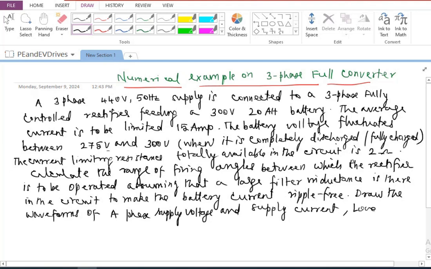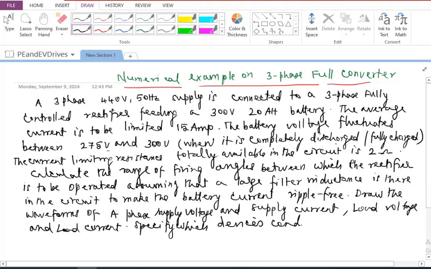Load voltage and load current. Specify which devices conduct at what interval. Okay.